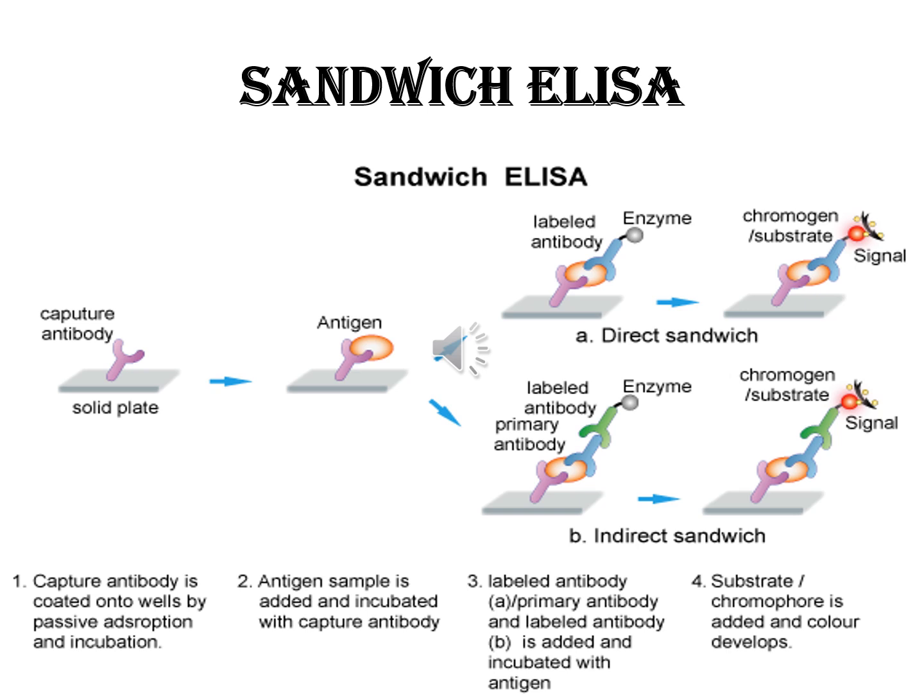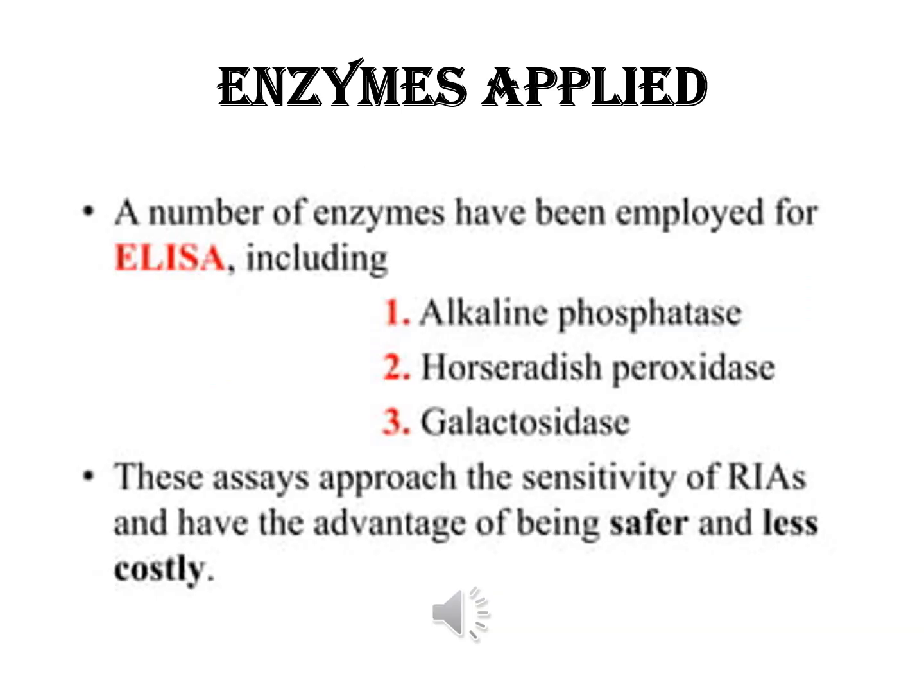After any free second antibody is removed by washing, substrate is added and the colored reaction product is measured. The enzymes employed for ELISA include alkaline phosphatases, horseradish peroxidases, and galactosidases. These assays approach the sensitivity of radioimmunoassay and have the advantage of being safer and less costly.